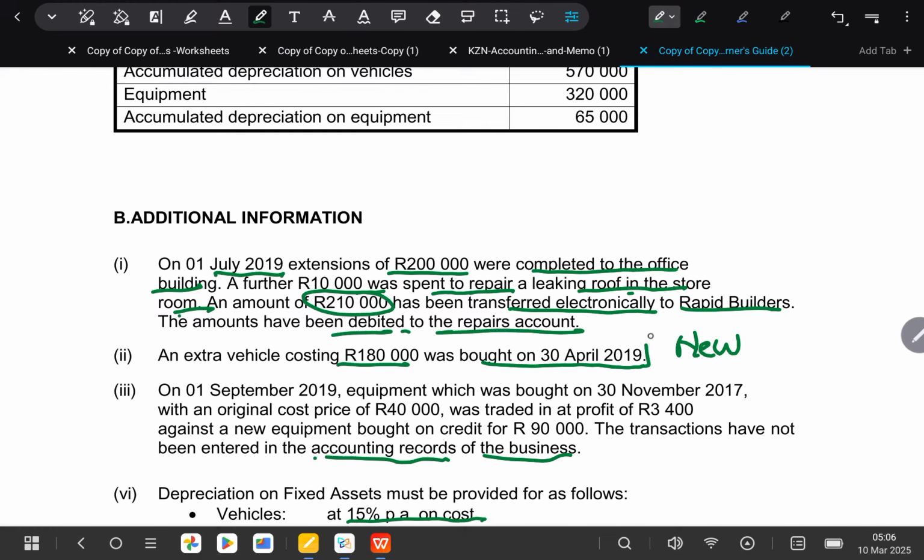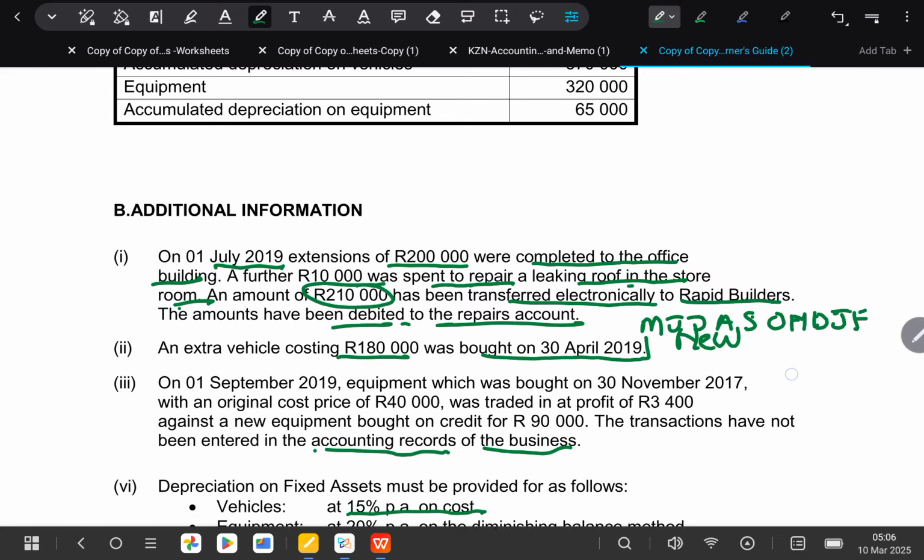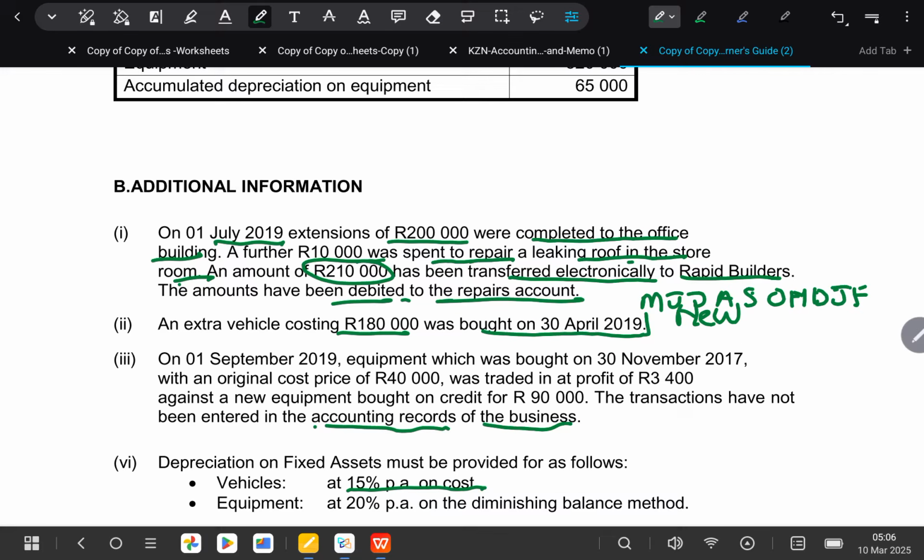So it was with us for May, June, July, August, September, October, November, December, January, February. 30 April is the end of the month, so we start from May. So it was with us for only 10 months.